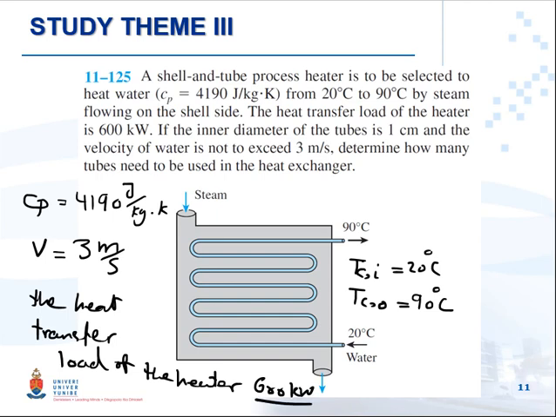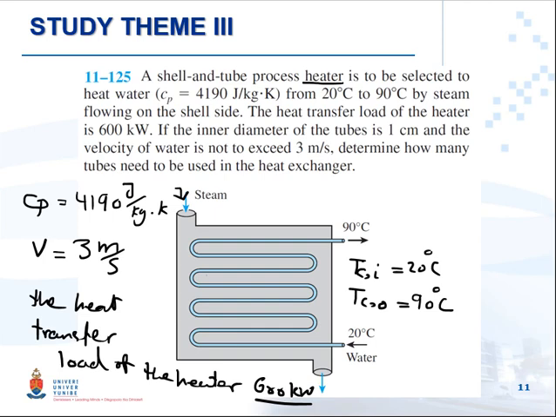But what we use that heater for is to generate the steam, so the heater gives the energy to the steam, and after that the steam gives that energy to the water.